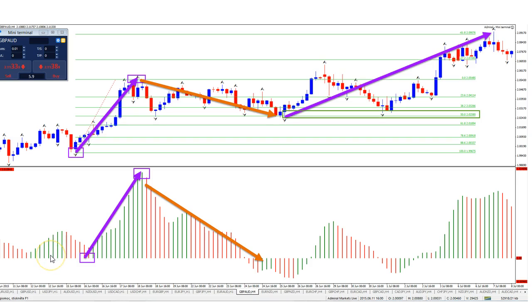I basically use the AO for two reasons when connecting it to fibs. First of all, the very first importance here is knowing which direction to fib. Obviously, the AO helps me determine whether I want to place the fib in the first place and whether I want to look for bullish or bearish retracements as a continuation of the trend.